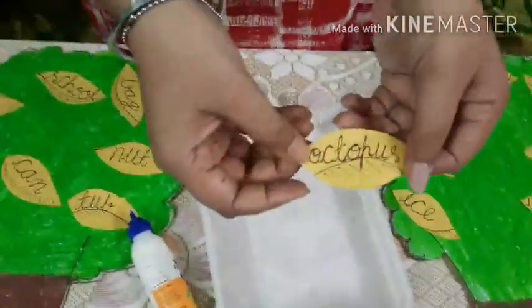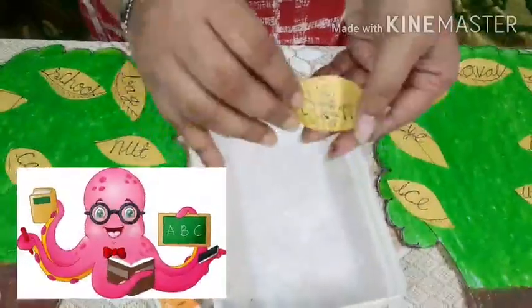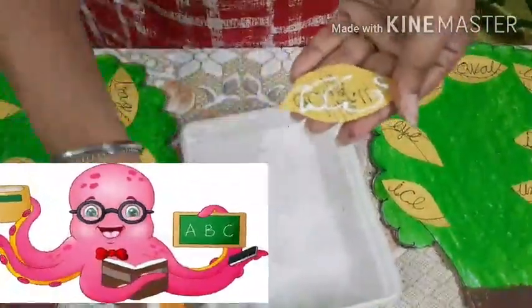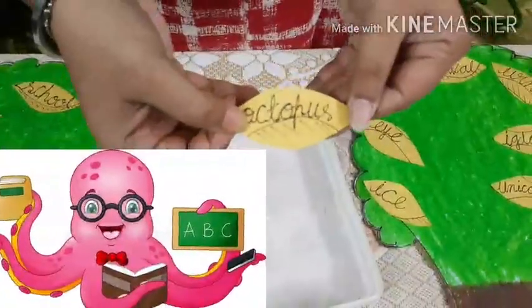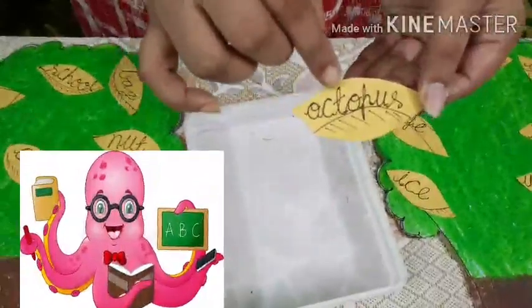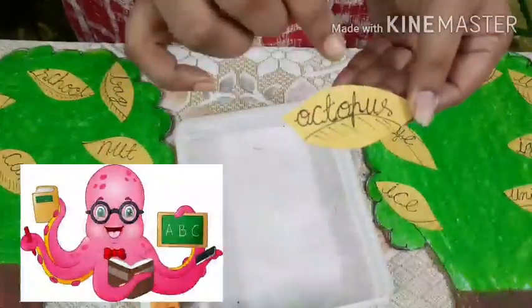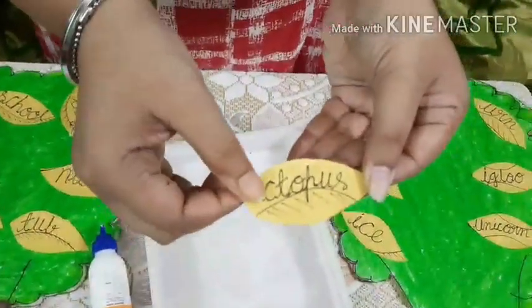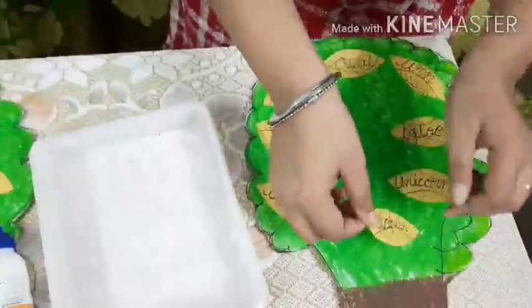Now, this is octopus. It's a sea animal. Octopus. Yes, it's very funny. O-C-T-O-P-U-S. Octopus. O-C-T-O, octo. P-U-S, pus. So, O is a vowel. It will come with an.